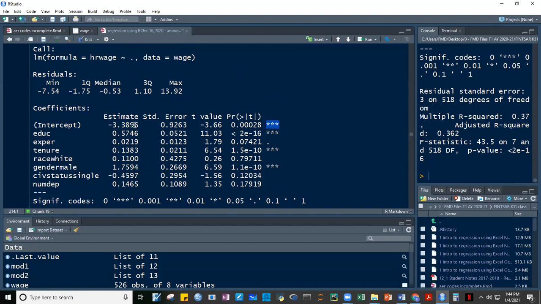Okay, before we continue with the intercept, ano ibig sabihin guys itong race na white? What's the meaning of that? Dito ni-specify ni R, race, white, gender, male, civil status, single. So dapat naintindihan natin yan guys. Ano ibig sabihin ng race, white?